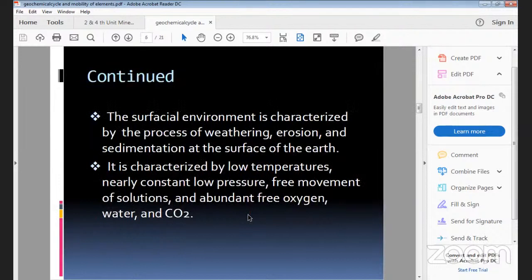Coming to the superficial environment, it is characterized by the processes of weathering, erosion, and sedimentation at the surface of the Earth.